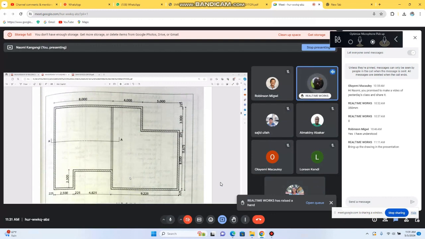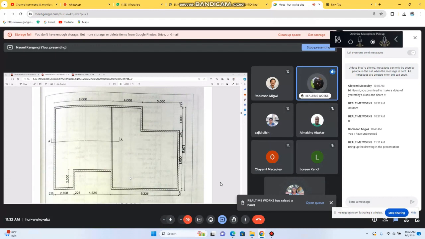You have said that sometimes we are told to add the working space. Yes. And when we are told to add the working space, we just add the amount on the external wall. On the external wall.